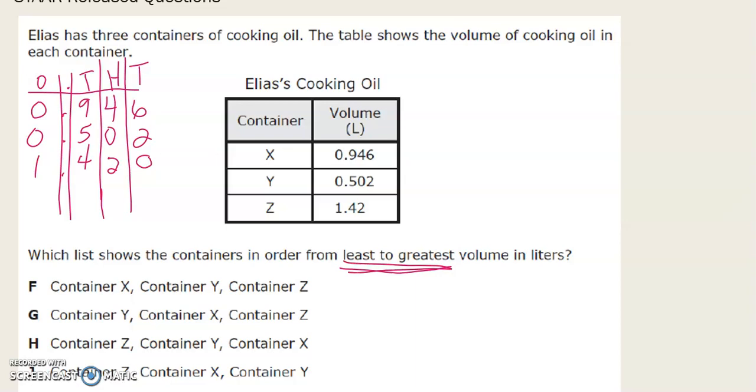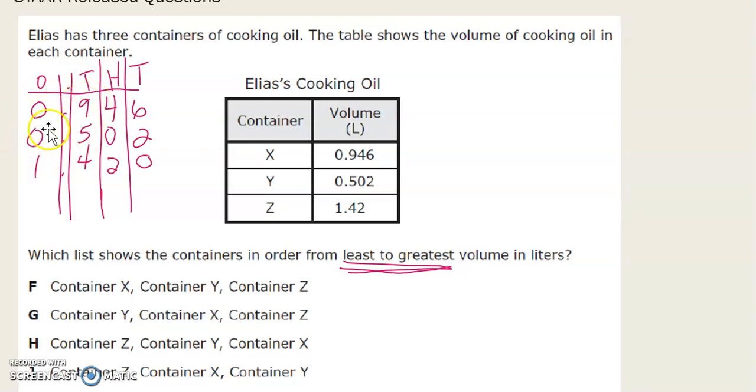So let's start in our ones place. When I look at my ones place, I notice that I have a 0, 0, 0, and 1. I'm going least to greatest, so I see 2 numbers have a 0 in there, so then I have to move on to my tens place.